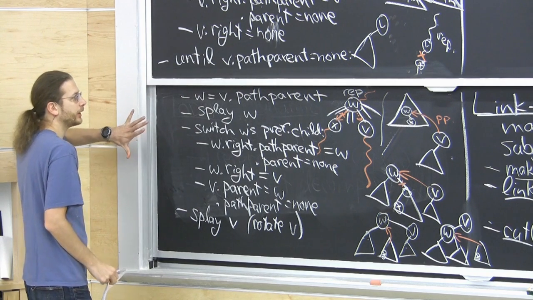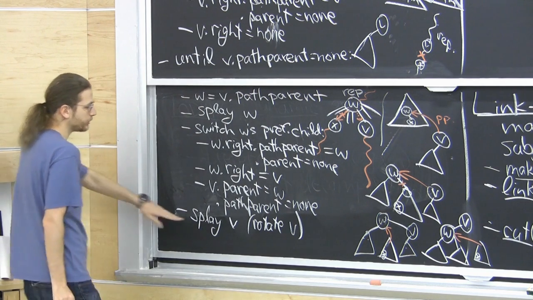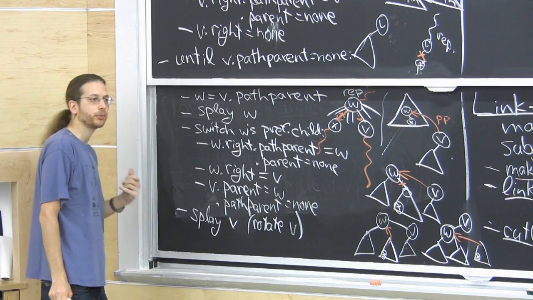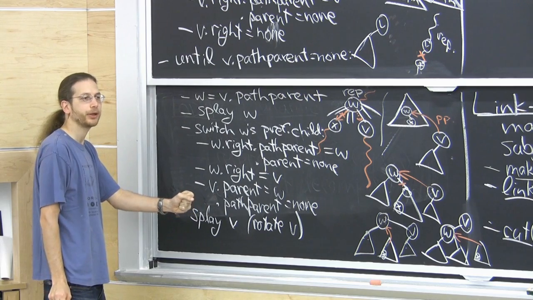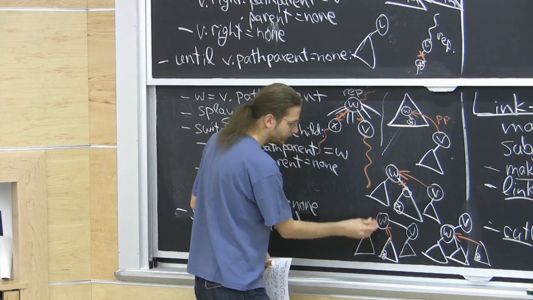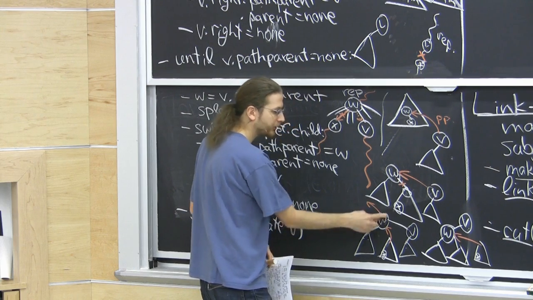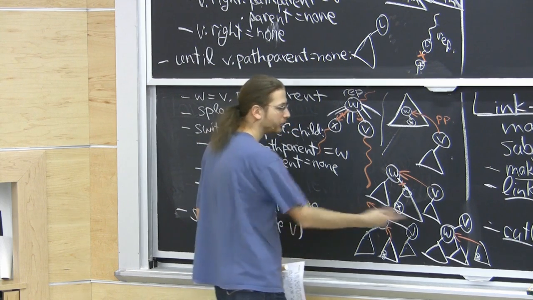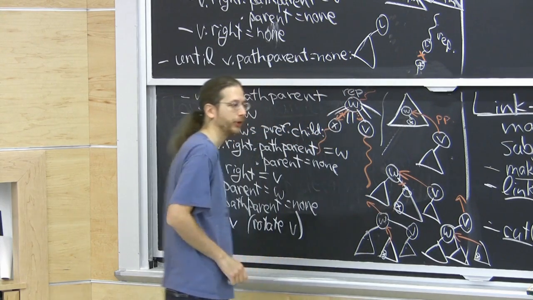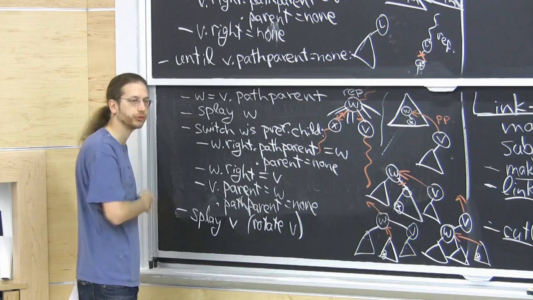The one thing I didn't make explicit is that when we do a splay, or when we do a rotation, you have to carry along the path parent pointer. So right now, in this picture, w has some path parent pointer because it's the root of its auxiliary tree. After we do the rotation, v is the root, and so it's going to have the path parent pointer. You can just define rotate to preserve that information.